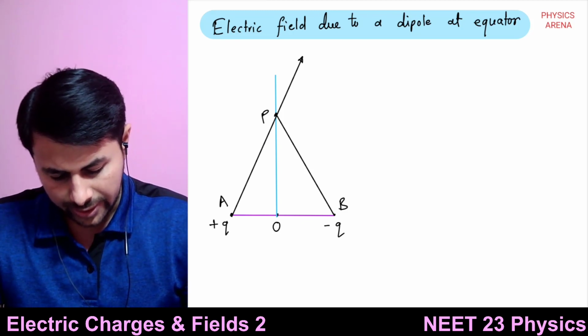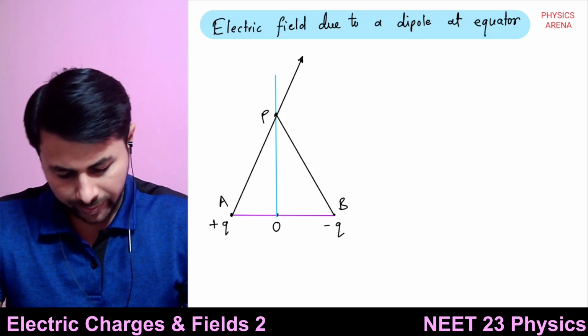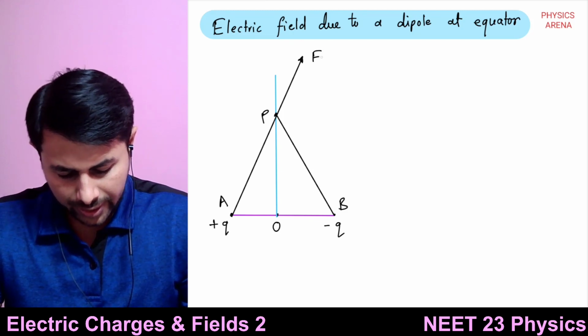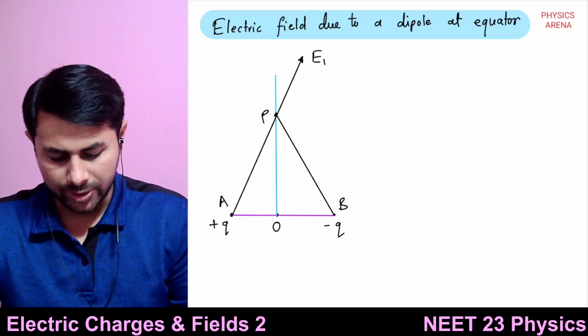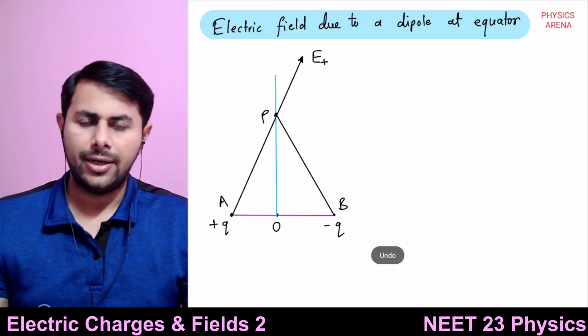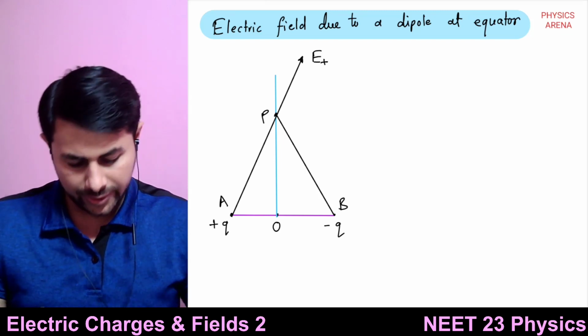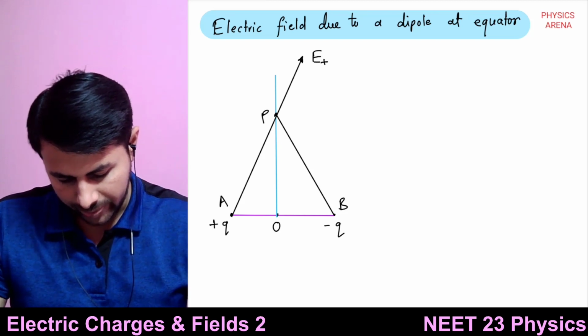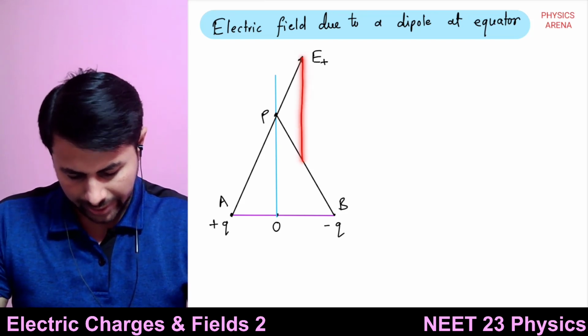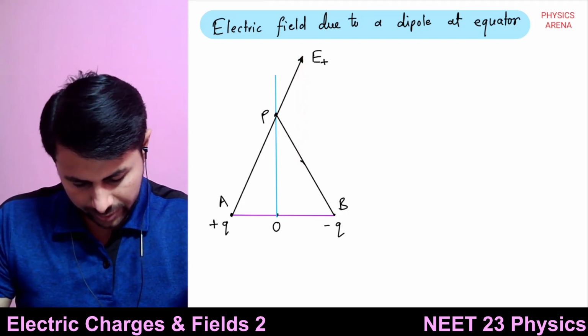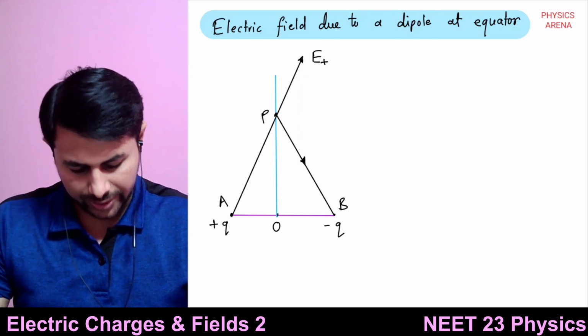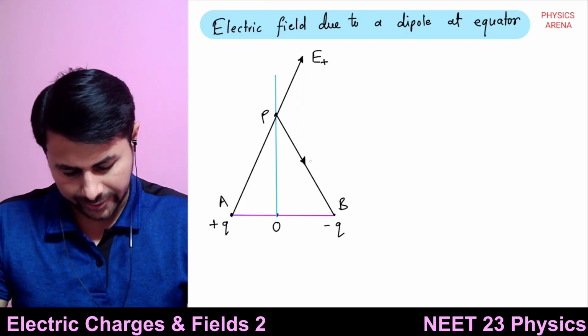So this is the electric field due to the positive charge. Let us call it E plus, plus for positive. And the electric field due to the negative charge is directed radially inwards. So let's call that field E minus.